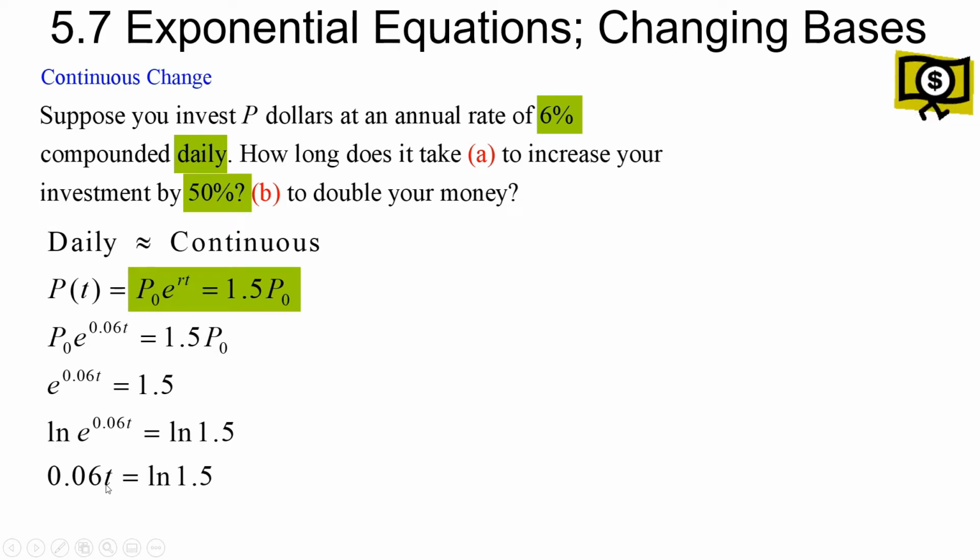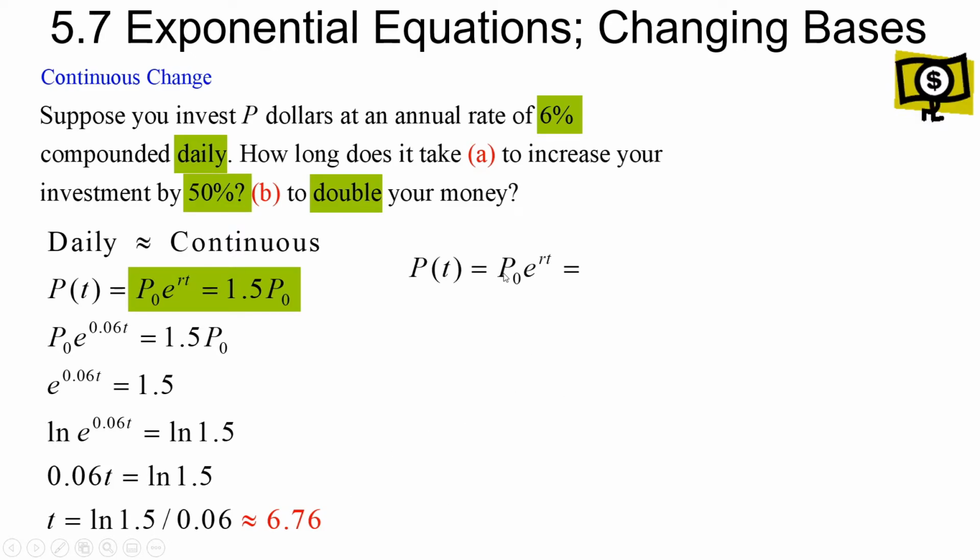So t would be the natural log of 1.5 divided by 0.06. And let's punch that out carefully on our calculator, and that will be approximately 6.76 years. So it's going to take almost 7 years for our investment to increase by 50% if we're getting 6% interest.